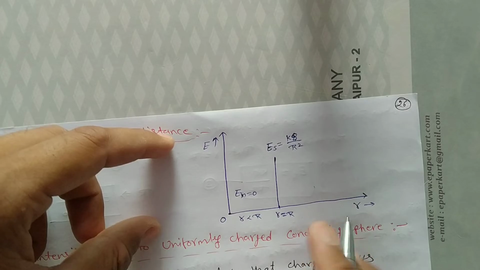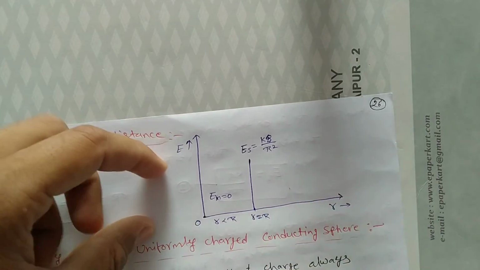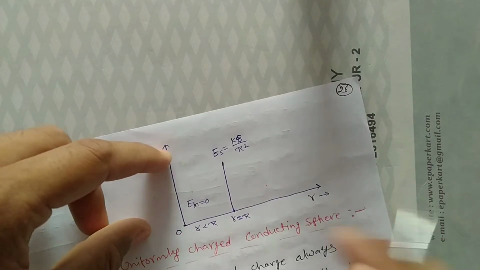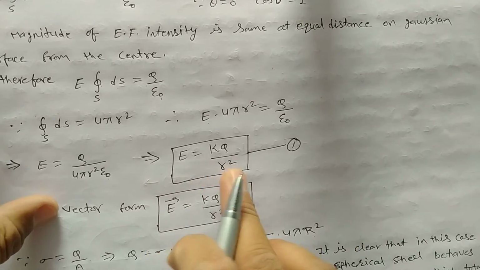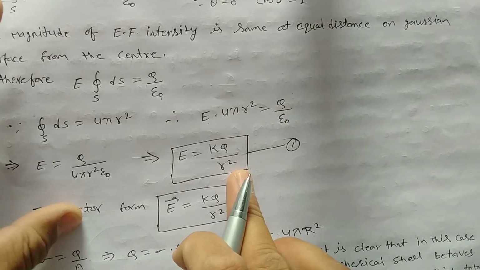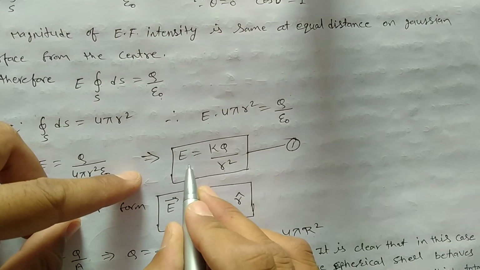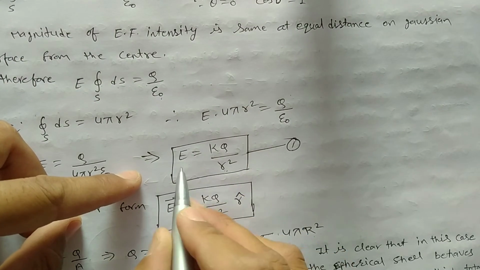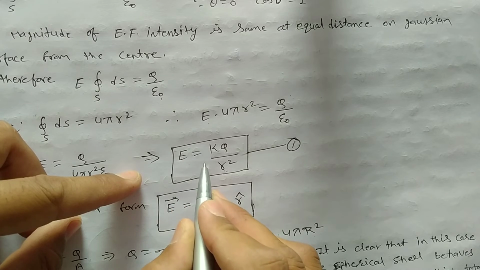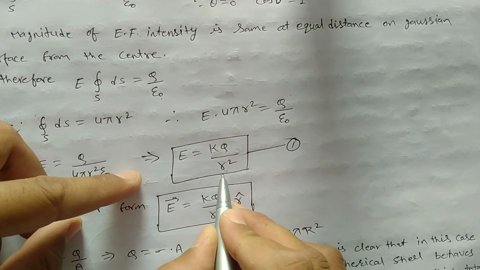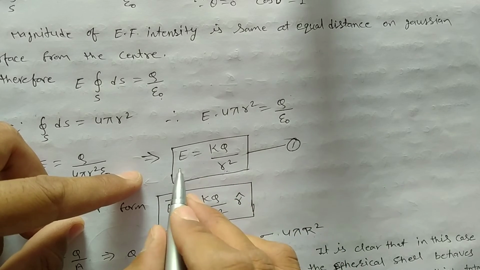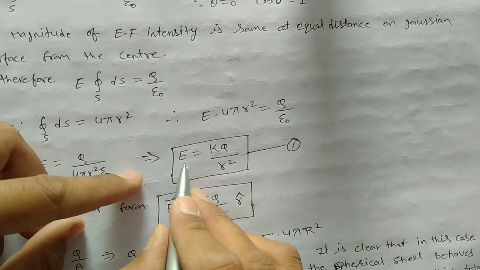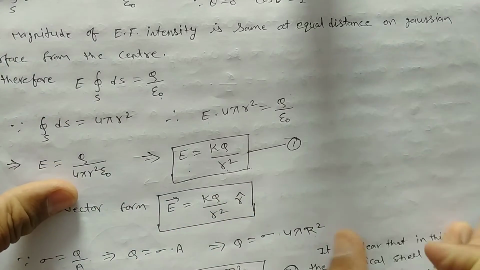Now we take an outer observation point, then from this equation we can see that electric field intensity depends on the distance, and electric field intensity is inversely proportional to the square of distance. It means if we increase the distance, then electric field intensity will decrease.